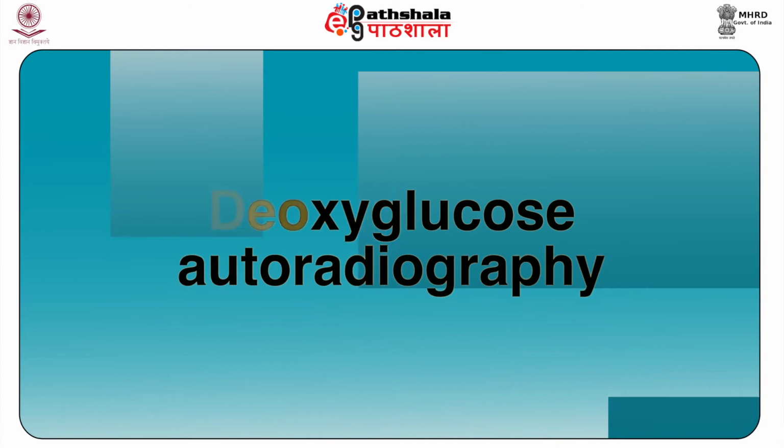Deoxyglucose autoradiography. An example of anterograde labeling is the method of deoxyglucose autoradiography. In this method, radioactively tagged glucose is injected into a part of the brain. It is taken up by the cells, but it cannot be metabolized.